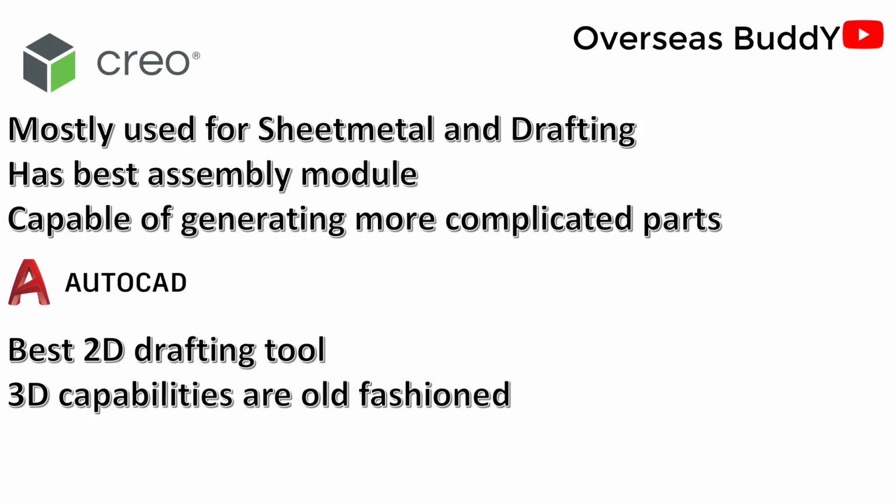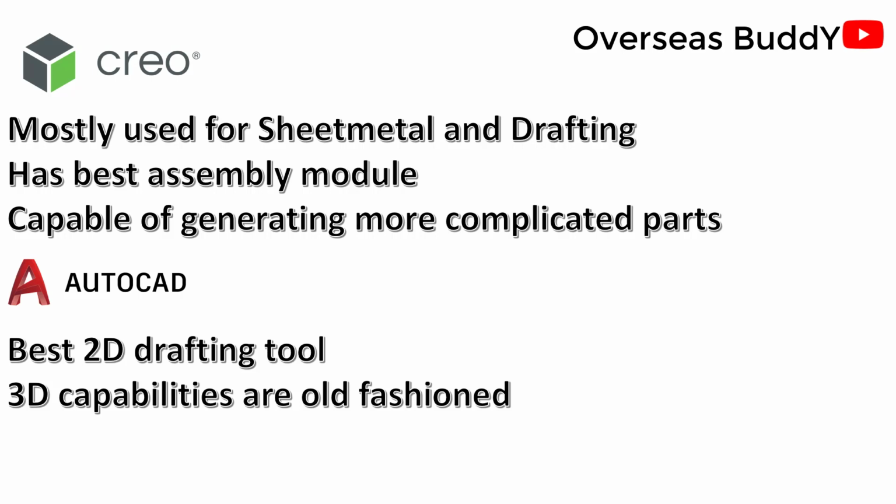Creo is an improved dedicated concept development toolset and has greater power and more flexibility to help accelerate the product design and development process. Creo is used mostly for sheet metal designing and 2D drawing purposes. Creo has the best assembly module and is capable of generating more complicated parts.